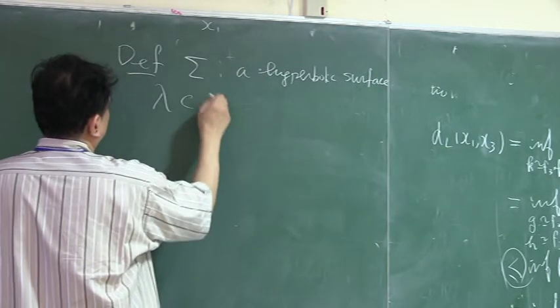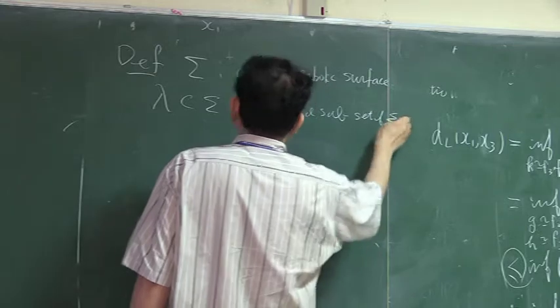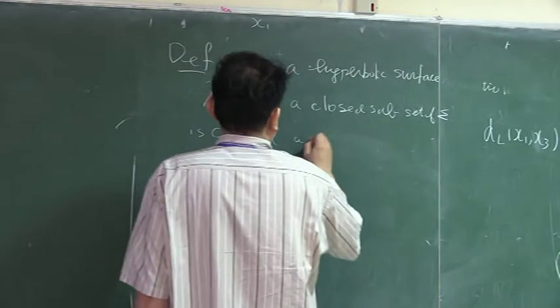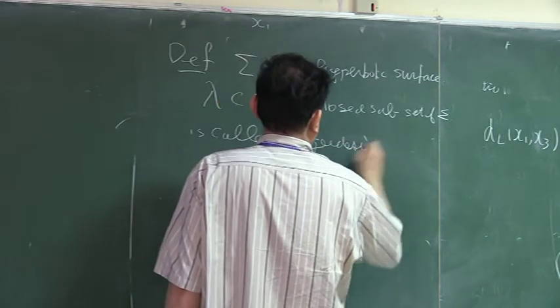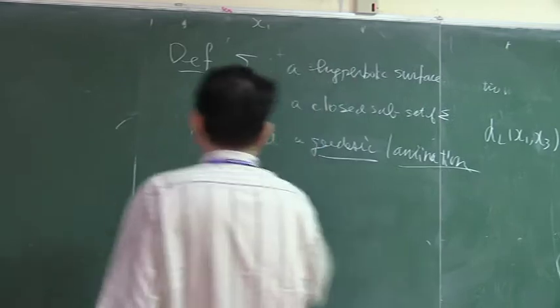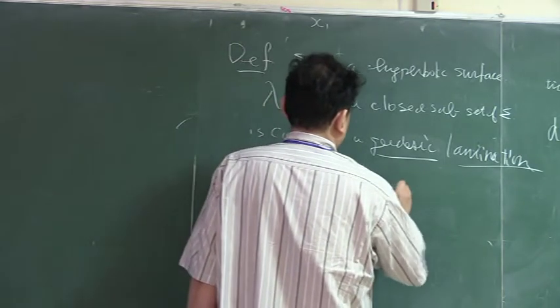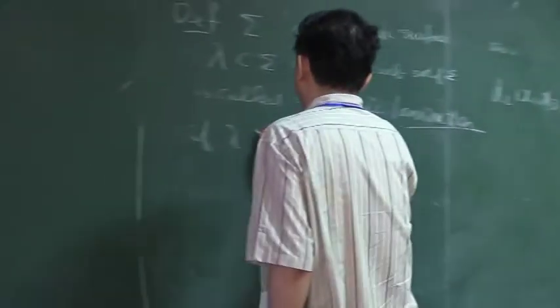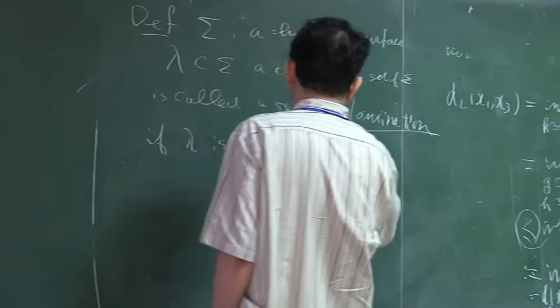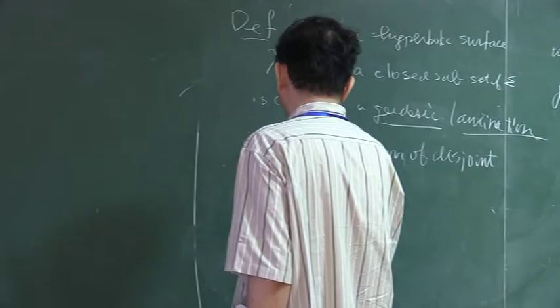And lambda, a closed subset of sigma, is called a geodesic lamination if lambda is a union of disjoint geodesics.